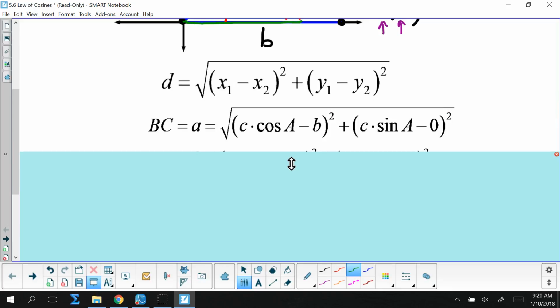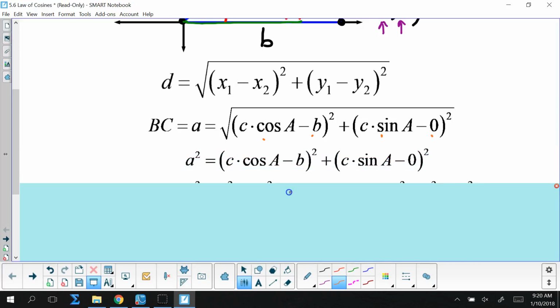I would get x part of B minus x part of C, quantity squared, plus y part of B minus y part of C. Being that I have a radical, I can square both sides to get rid of that radical. So I get a squared equals that whole inside of that radical.